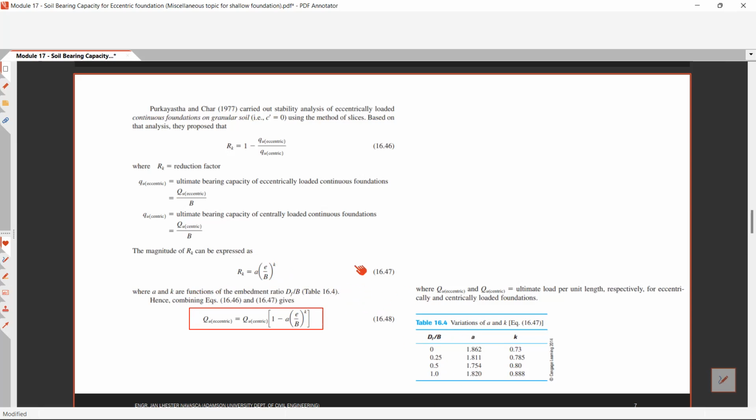Hence, the combining equation is equals to this equation. QU eccentric, or the soil bearing capacity for the eccentric foundation, is equals to the QU centric multiplied by a factor 1 minus alpha E over B raised to K. So these all equations are based on this table 16.4, or the variations of A and K. Okay.